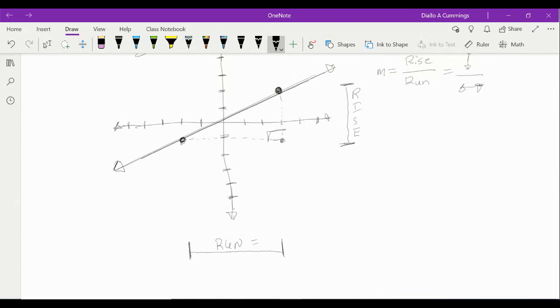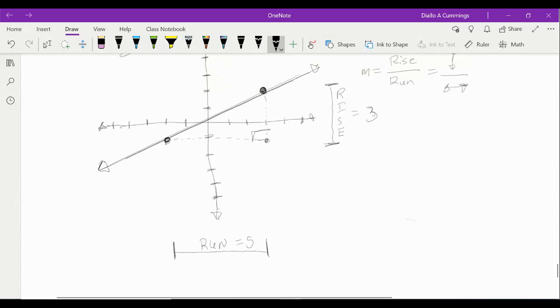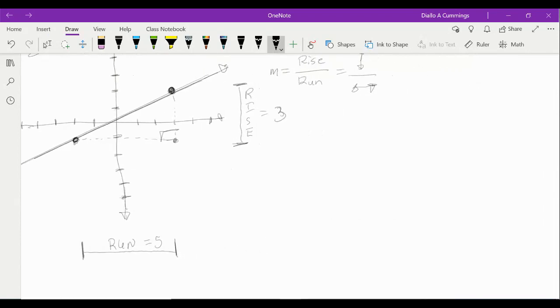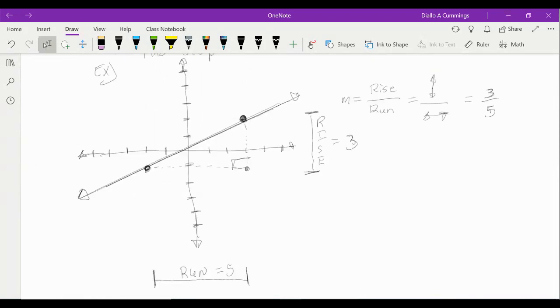So my run is 5. And now while I'm here, I'm going to calculate my rise. So remember, rise can go up or down. So here we're going to go up 1, 2, 3. Therefore, my slope, which is my rise over my run, is equal to 3/5.